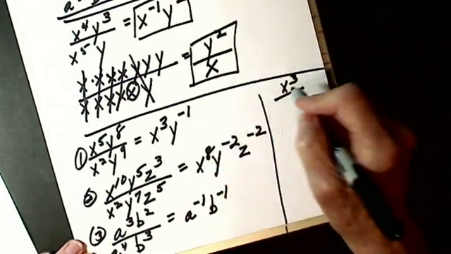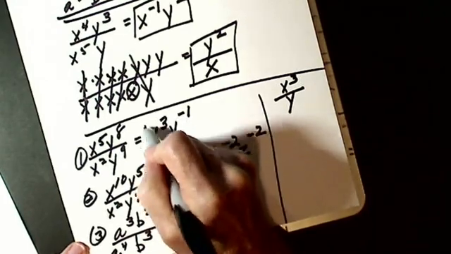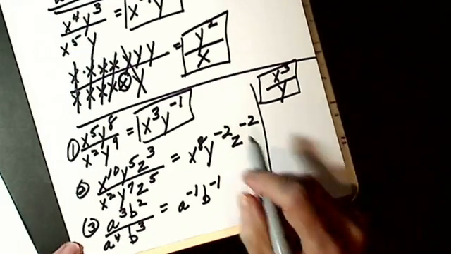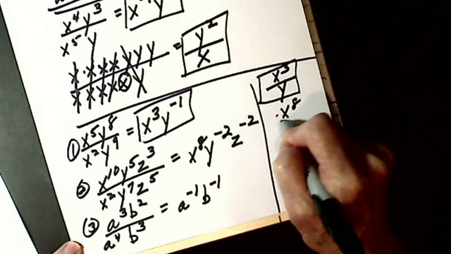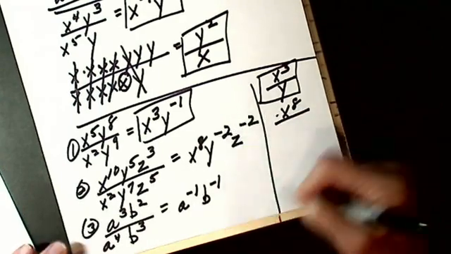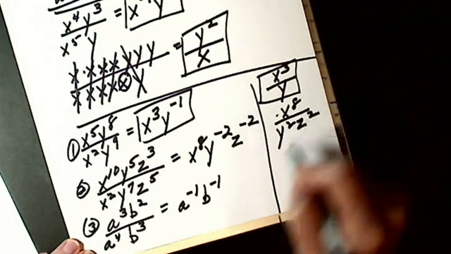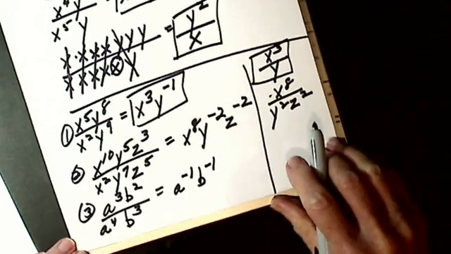Y to the minus 1 means it's a denominator. So these two are the same, just written in a different form. My x to the 8th stays in the numerator. They have negatives, I got to put them in the denominator. Y squared, z squared. These two answers are the same.